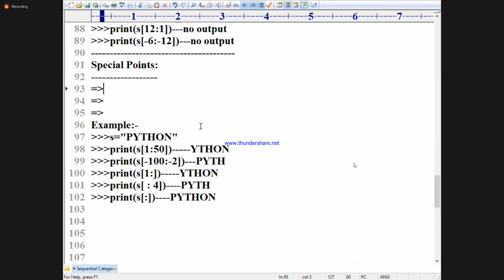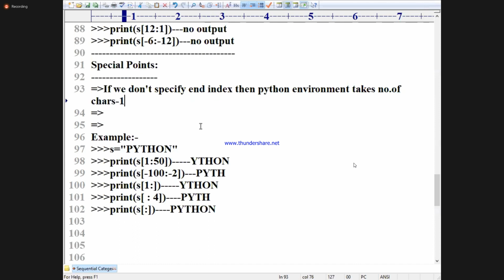Tell me, what is the first point? Don't write. Listen first. If we don't specify the end index, then the Python environment takes the number of characters minus 1 as the end index position.